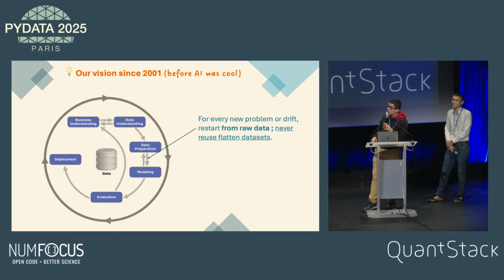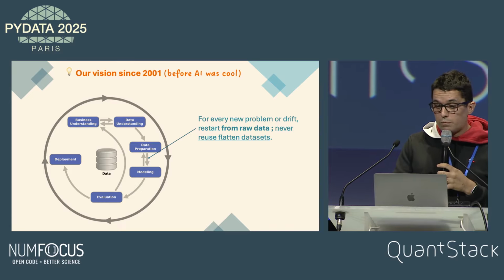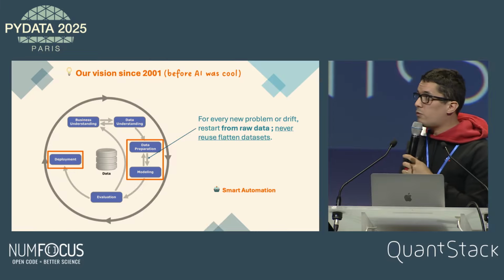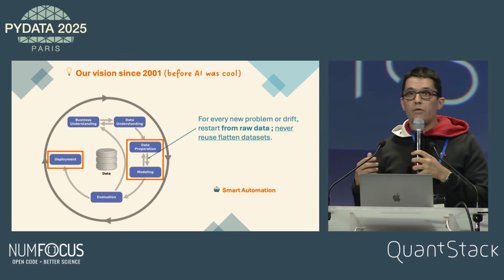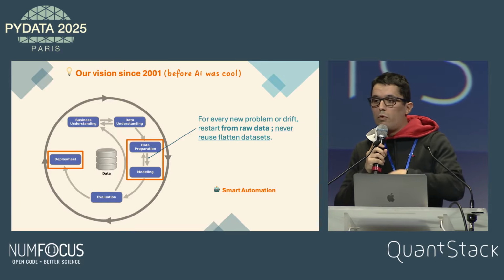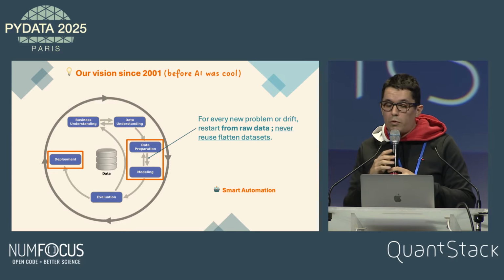So it's time-consuming, error-prone, and manual. And the idea, our philosophy, is to automate this. But it's not a dirty automation. The idea is not to run all the possible techniques to clean the data, or all the possible models to predict something.